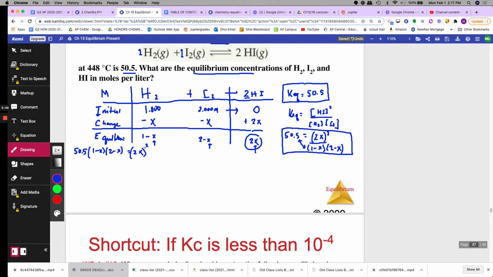So the most common problem here is they would forget to square the 2. They would just say 2x squared, but it's really, when you square this, it's going to be 2 squared, which is 4, and then x squared. So don't forget that.